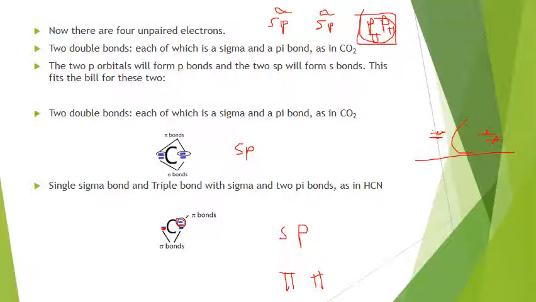And the other two sigma bonds come from the sp's. So anytime you have a two-connectivity carbon, either two double bonds, or one triple bond and one single bond, the hybrids are going to be sp, and they're going to form sigma bonds.